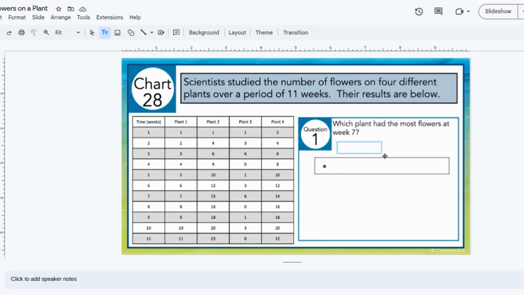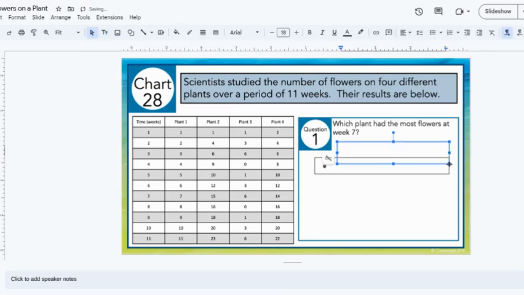So we choose different plants. And what is going to be the dependent variable? Students studied the number of flowers on 4 different plants.